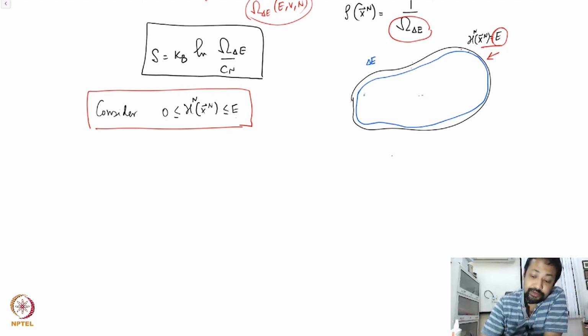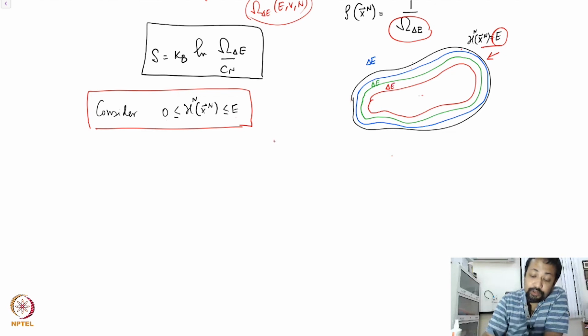So let me just quickly try to schematically draw them. This is also delta E. Again, you have an inner shell. So you keep on doing it so that you have E over delta E number of shells.